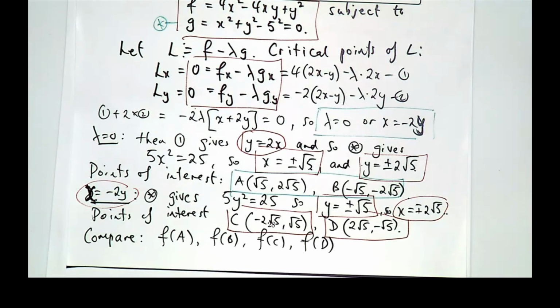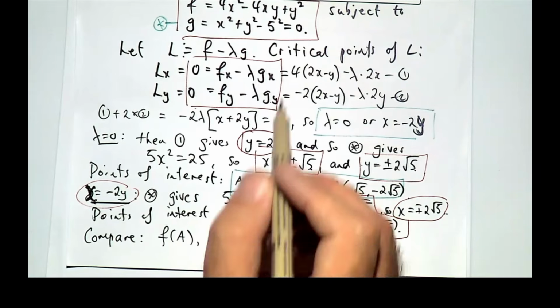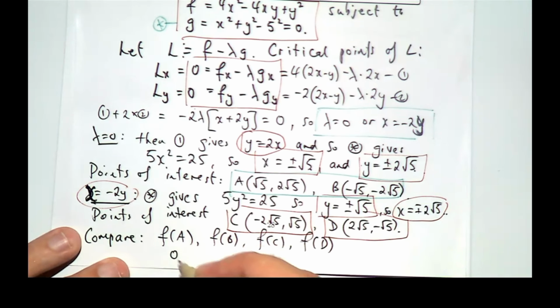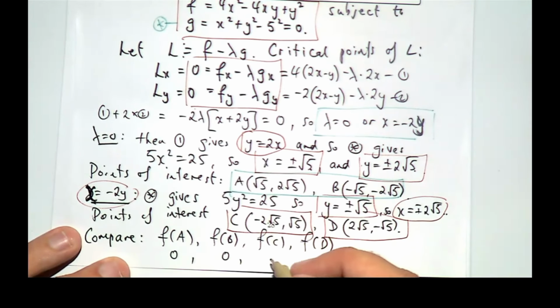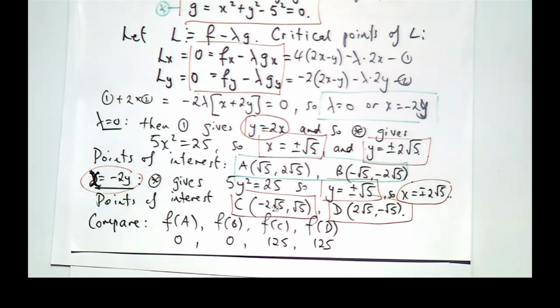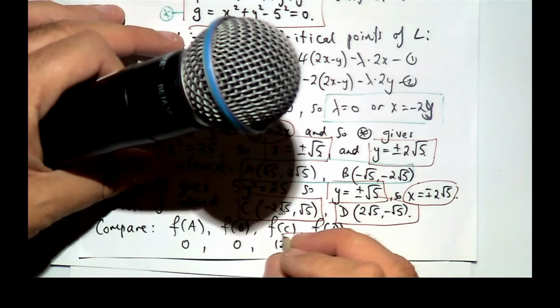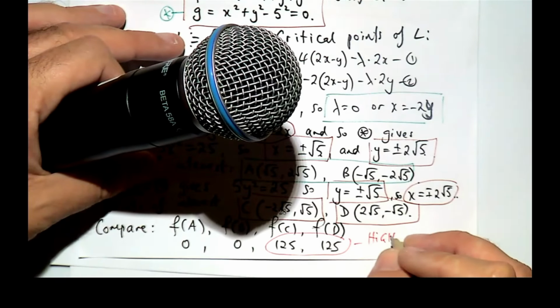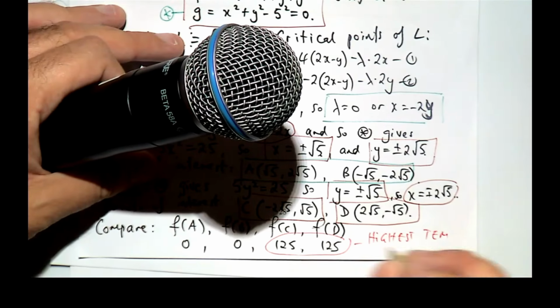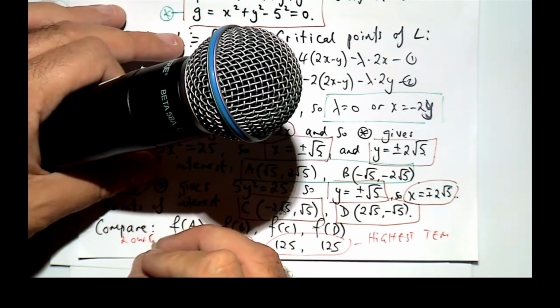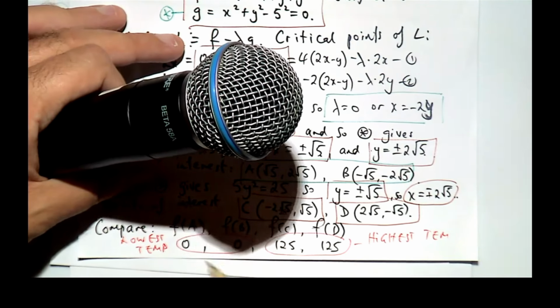The way I've calculated it, you take these values and put them into f. If you do it, this is what I got: 2 of the temps are 0, and 2 of the temps are 125. Now you just compare them and you choose the biggest ones.